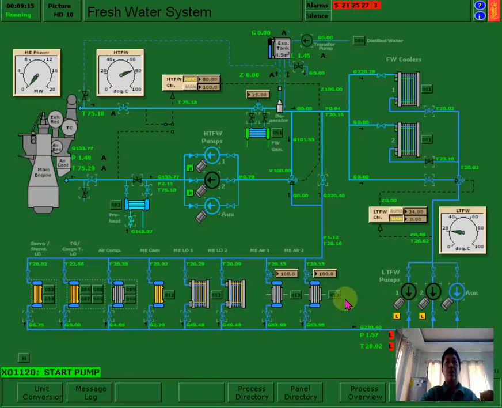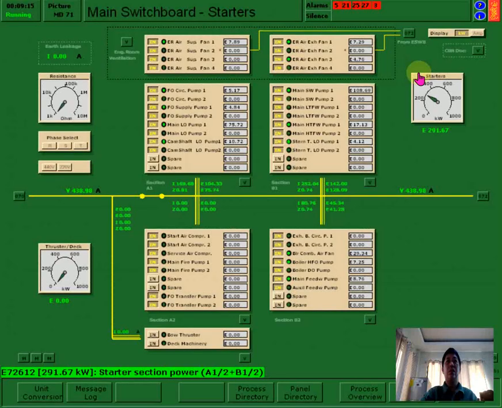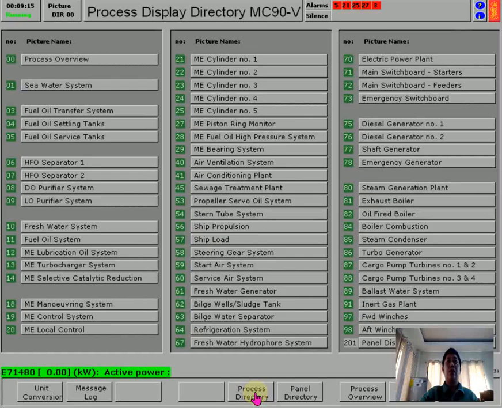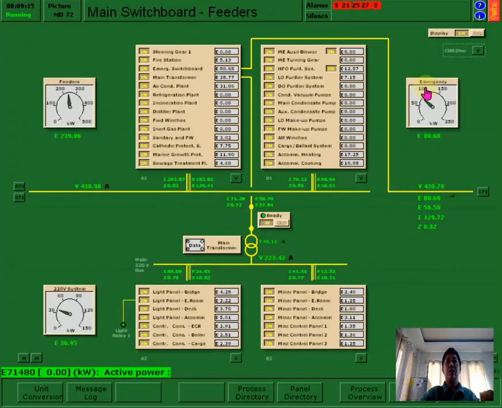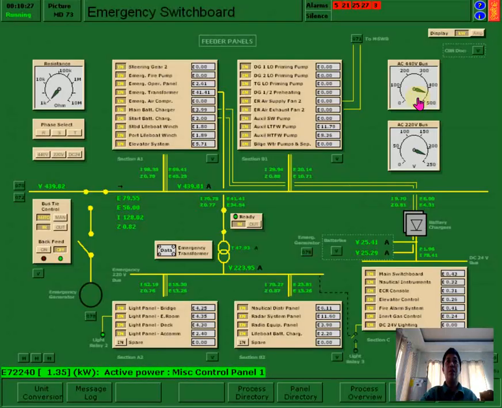So I will check the circuit breaker. I proceed to the circuit breaker, process directory here in the breakers. They are in. In the feeders, they are switched on: the freshwater generator, main engine, emergency switchboard.